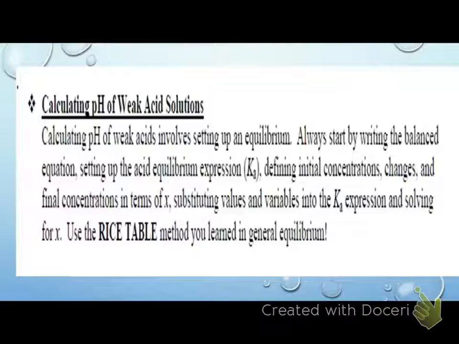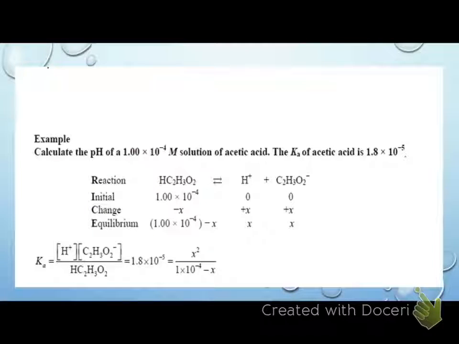Ajay was right. All right, so when we're calculating the pH of weak acid solutions or weak base solutions, it works both ways, we're going to need to use our Ka and Kb values, and we're going to use the rice table. Okay, so here's an example of a weak acid, acetic acid.